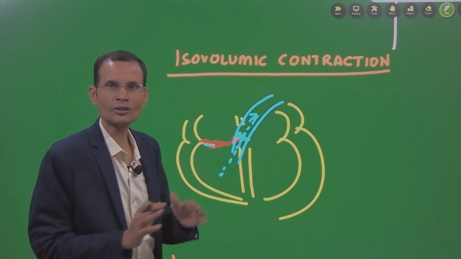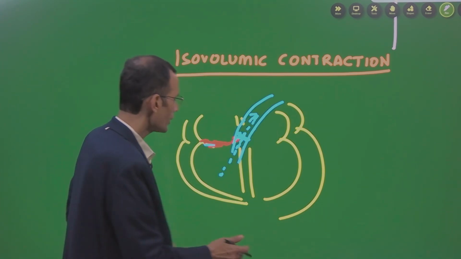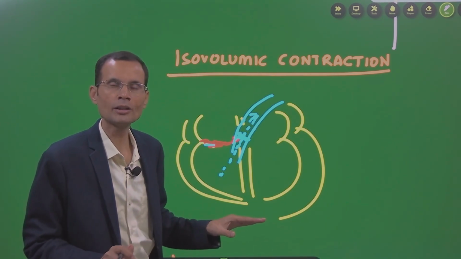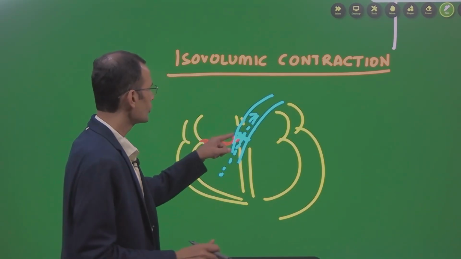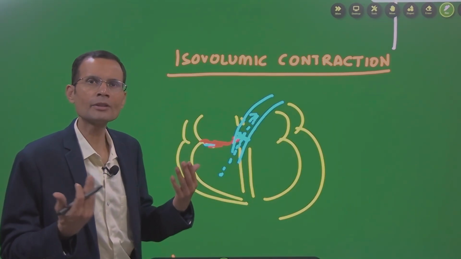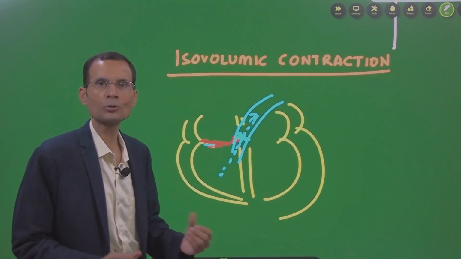So filling cannot start. Blood cannot go from right atrium to right ventricle. Closure of the pulmonary valve at the end of systole and systolic ejection over. So pulmonary valve closes and tricuspid valve is closed. It has not yet opened and the ventricle is relaxing like a closed chamber.